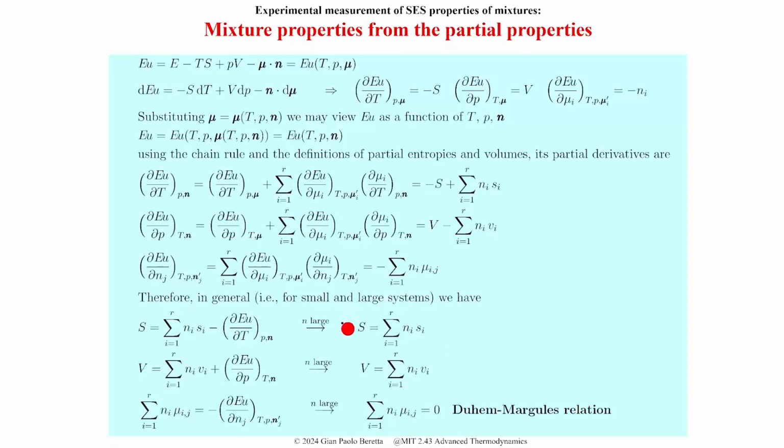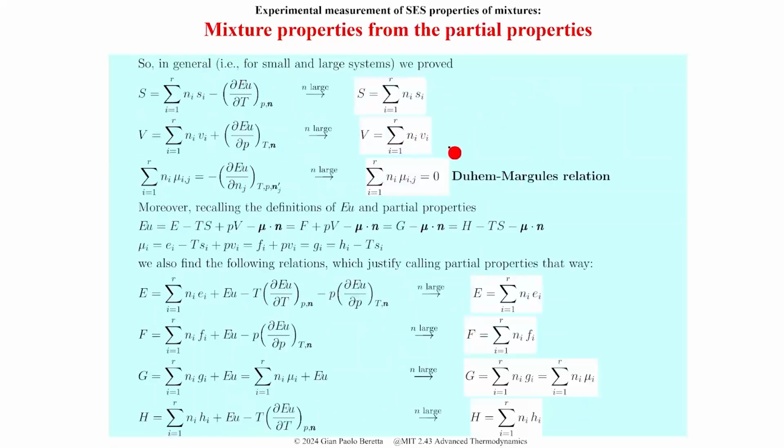Now, in the next slide, I'm going to start from these three. So these three lines become the first lines here. Because from these relations, I can prove similar relations also for all the other properties that we have talked about.